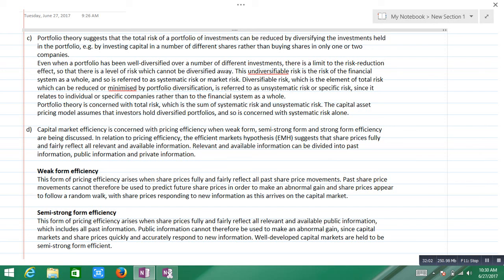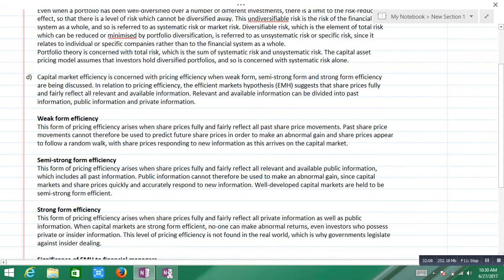based on past information reflecting in the share price. That's the weak form. The semi-strong form is where past and current information reflect in the share price. The strong form is where even future information is reflected, so everyone knows everything. That means perfect information is available, which doesn't really exist in the real world, just theoretically.